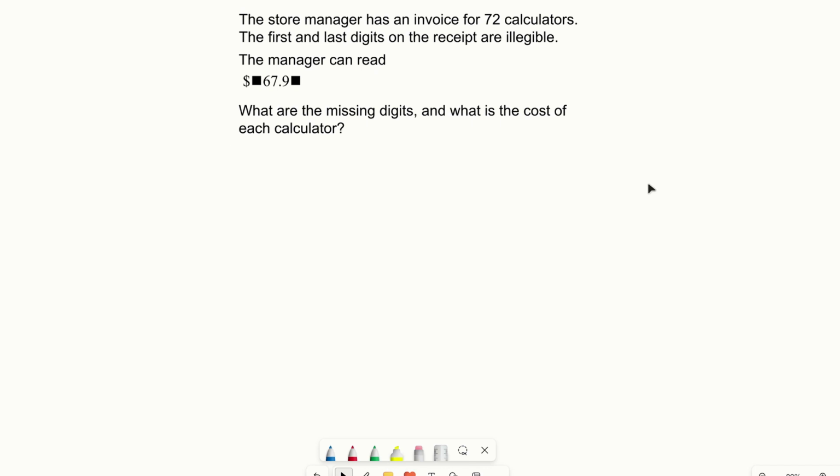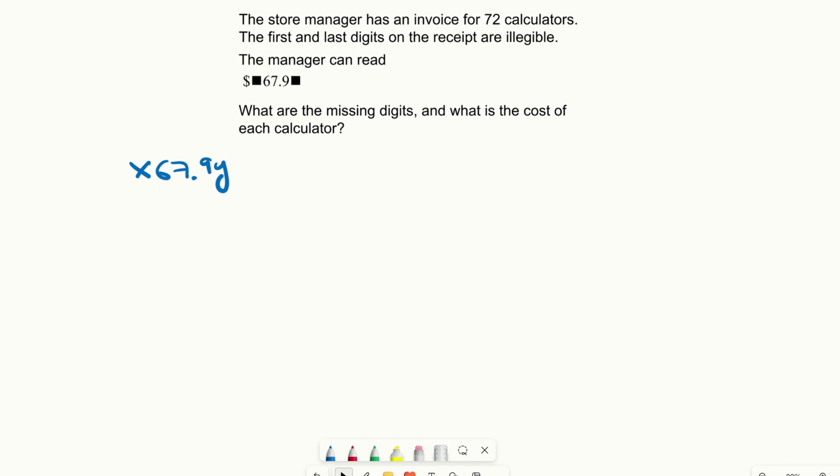All right, so we have two missing digits, right? So let's go ahead and give them some names. Let's call the first one x. So we have x 6 7.9y. Now remember, this is in dollars, right?